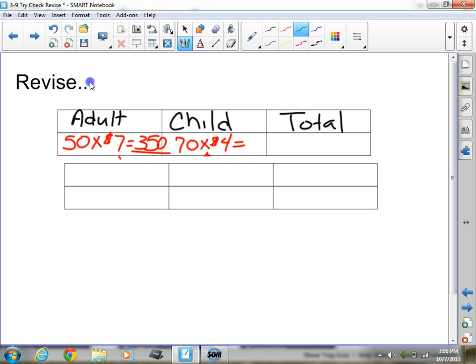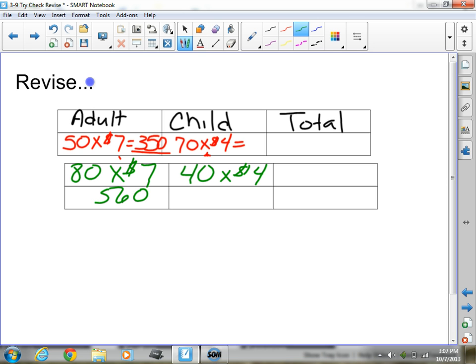So let's try 80 tickets. 80 times the $7 equals 560. That leaves us with 40 tickets for the child times the $4 a ticket.